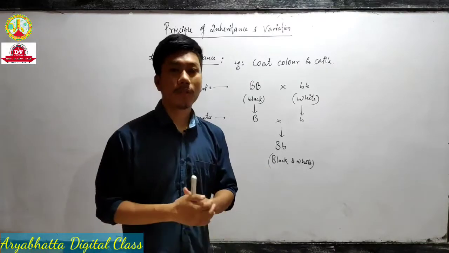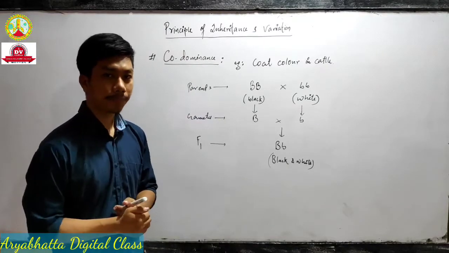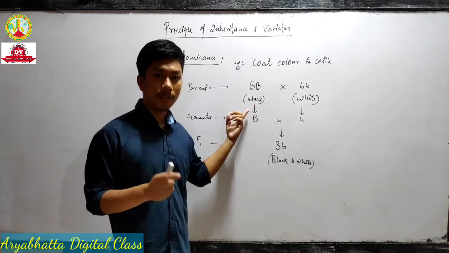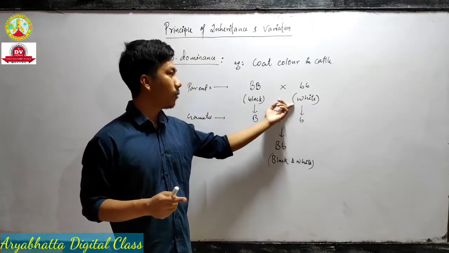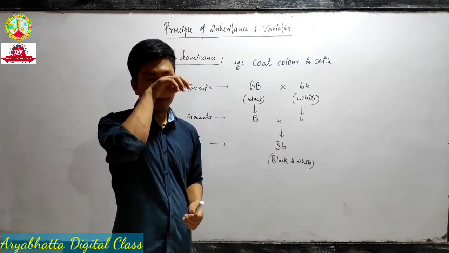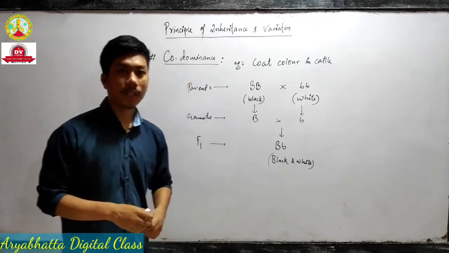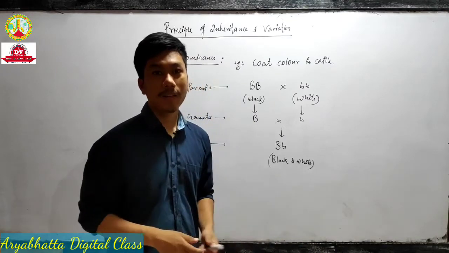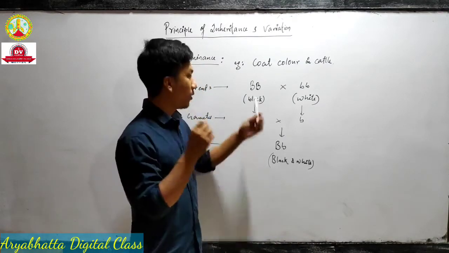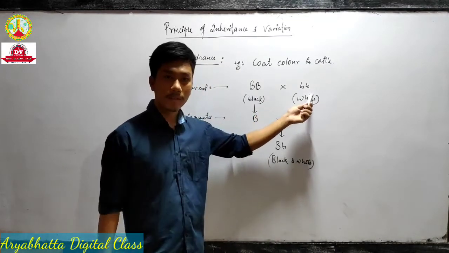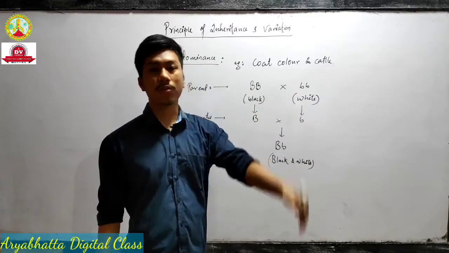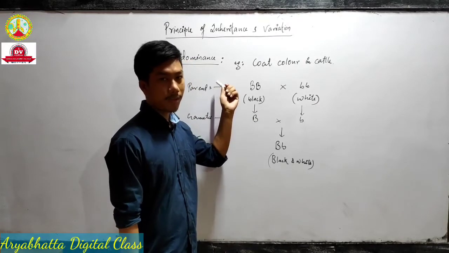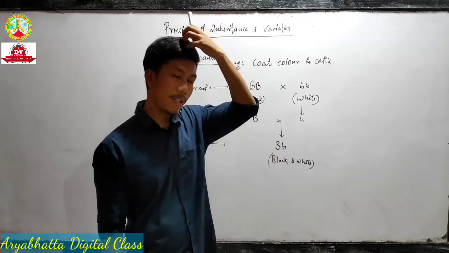When homozygous dominant black color is crossed with homozygous recessive white color, the result in the F1 progeny is black and white, which indicates that both the dominant as well as the recessive character show their visible effect, which is an example of codominance. And we find it in the coat color in cattle.